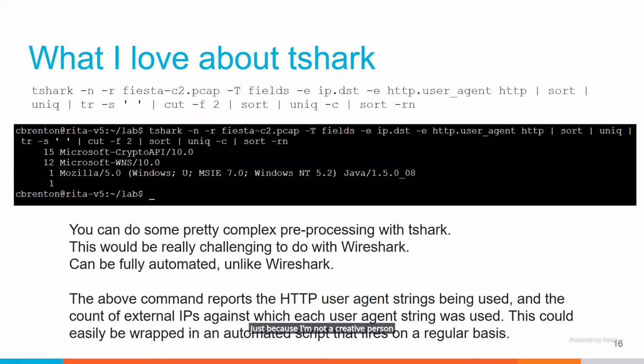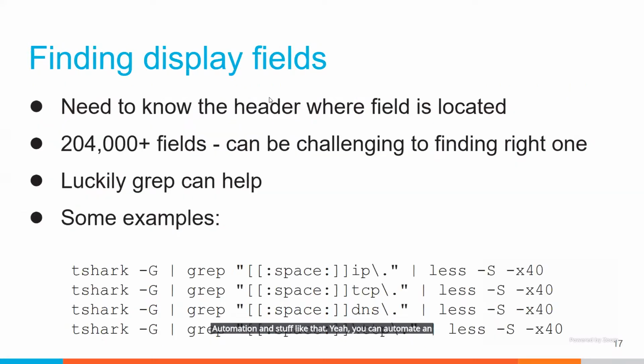Everything here, except where it has the PCAP file name, I put in a $1. And now I can go to any PCAP file and say unique UA and then the name of the PCAP file, and it'll process that PCAP file exactly this way for me. So I don't even have to type all this stuff in. We're getting into automation, and you can automate an awful lot of this.